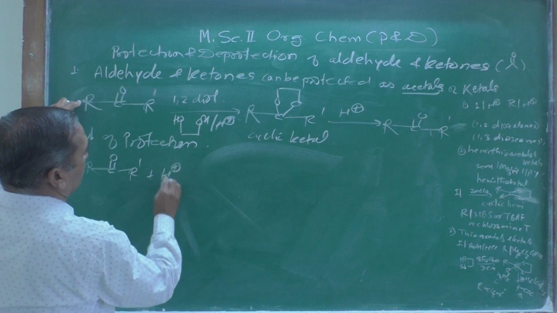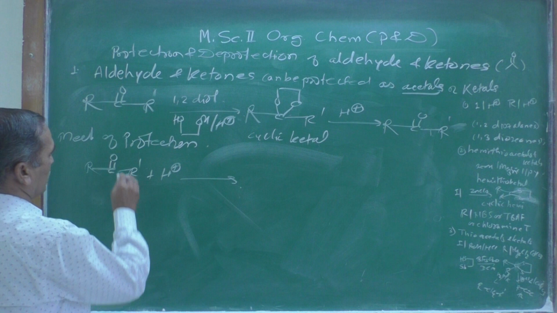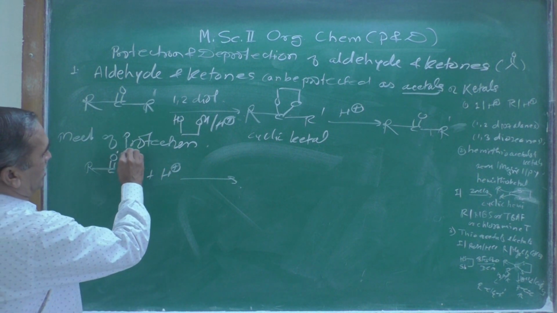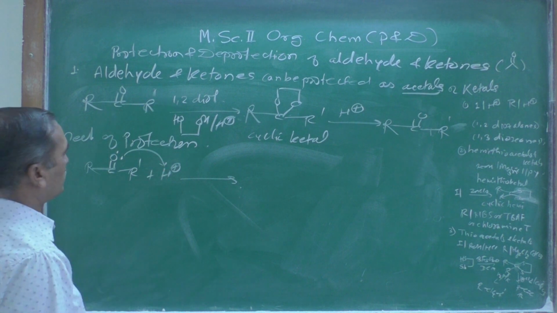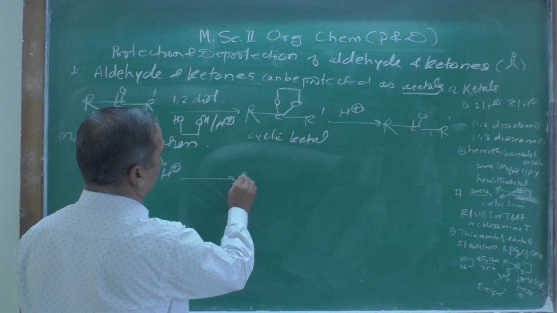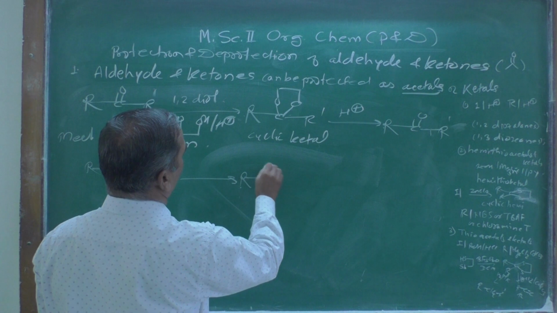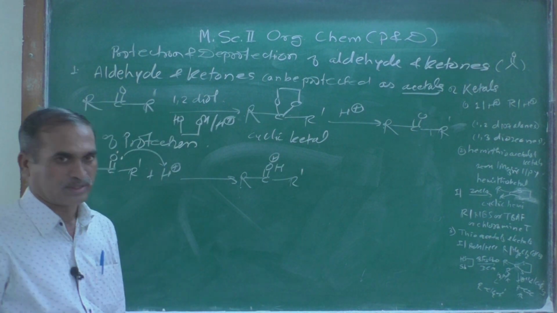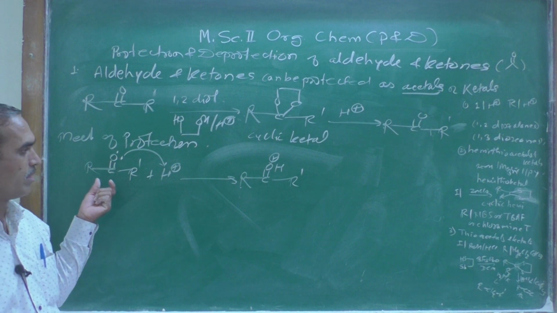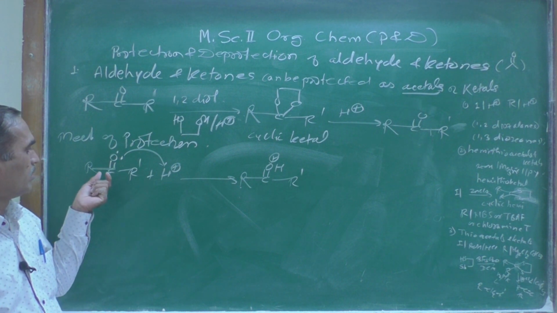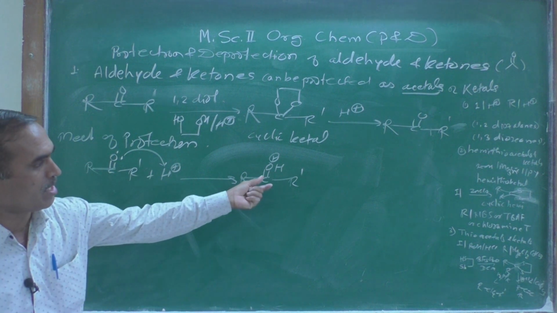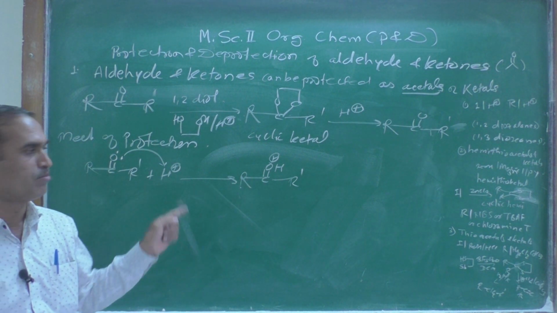First, it will be treated with acid in acidic medium, the lone pair available on the oxygen atom attacks that proton, and you are going to get R C double bond O H positive charge and R dash. As I already told you, if you compare the electrophilic nature of this carbonyl carbon and this carbonyl carbon, which one is more electrophilic?